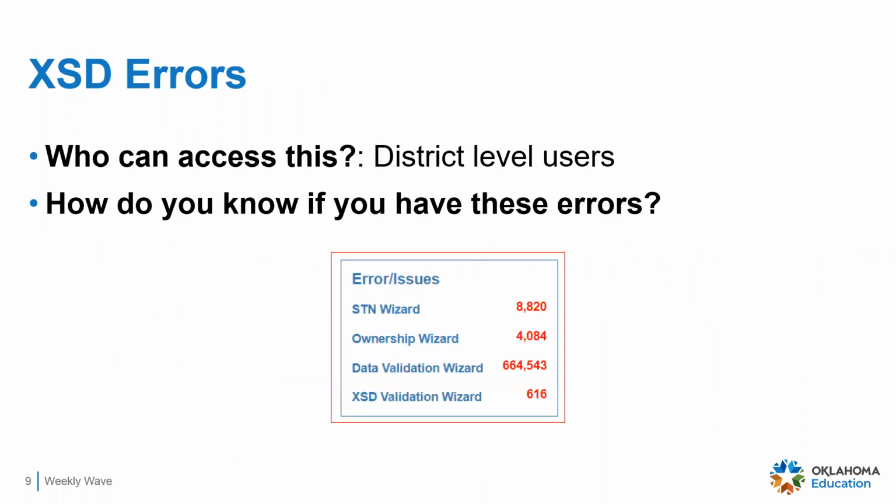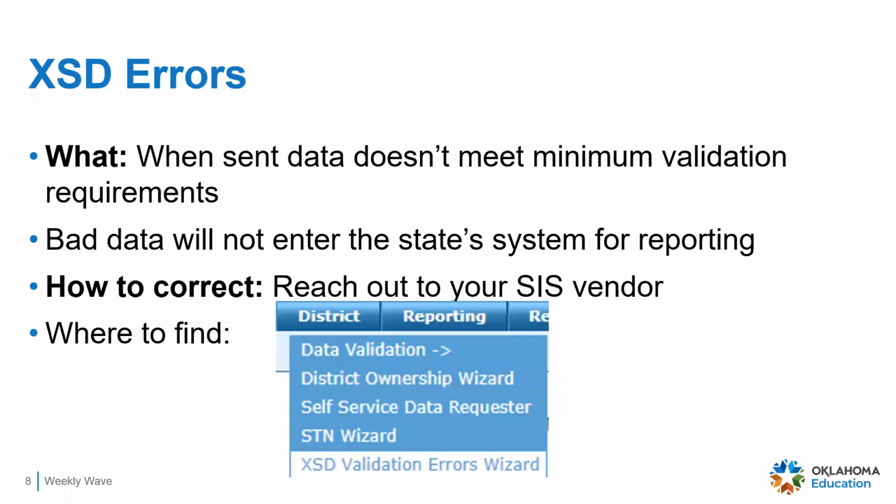Another thing we need you to look at is XSD errors. These occur when data sent from your SIS doesn't meet the minimum validation requirements, or there's bad data, so it won't enter the state system for reporting. To correct it, you reach out to your SIS vendor.